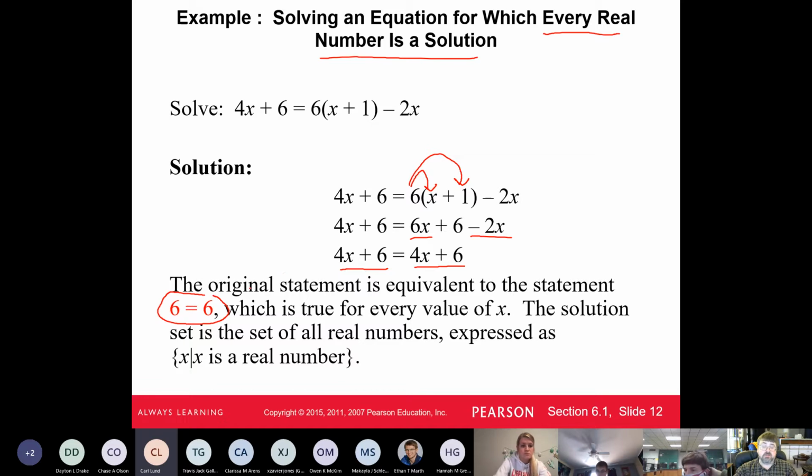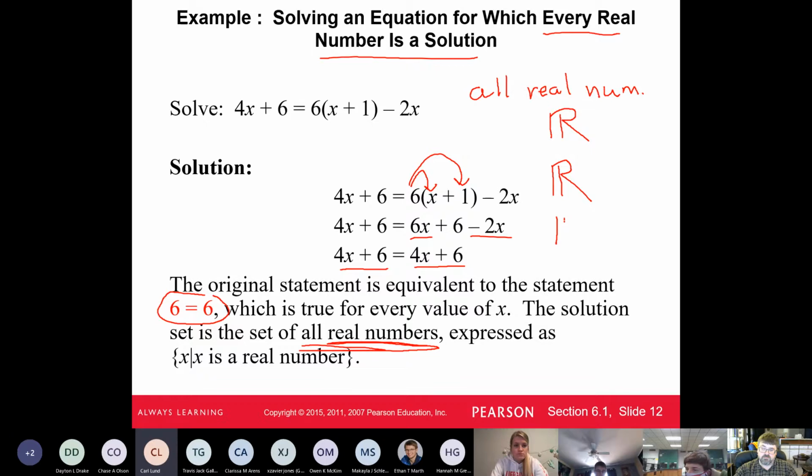If a number equals itself, that means the solution is all real numbers. And you can put that a few different ways. You could write "all real numbers." You could write the symbol for real numbers, which is an R with an extra vertical line segment, like that.